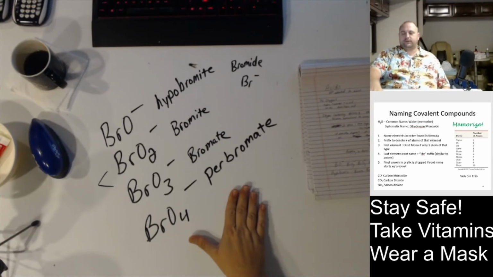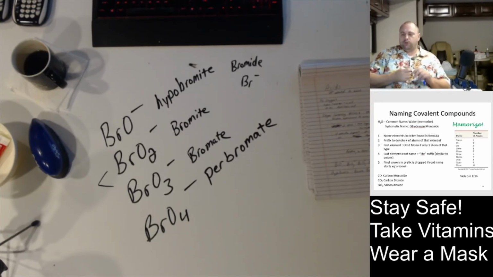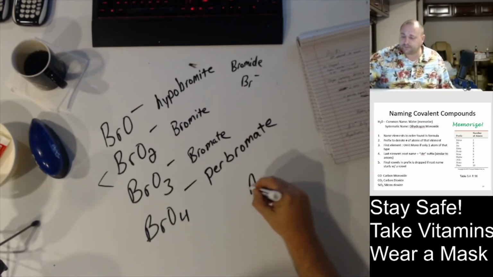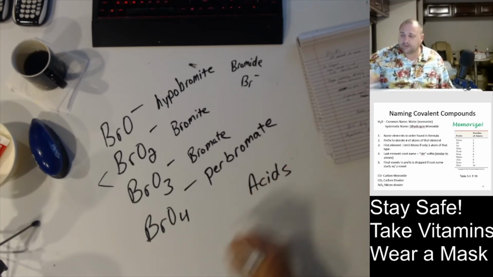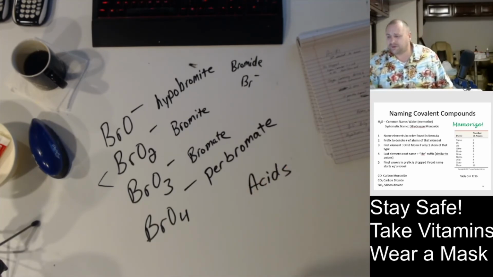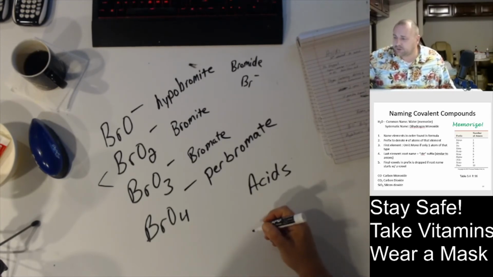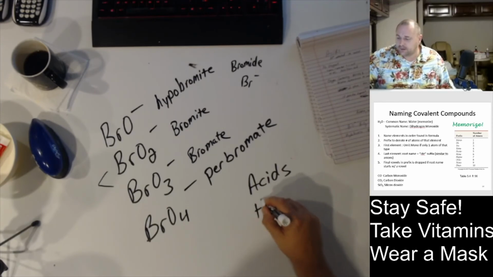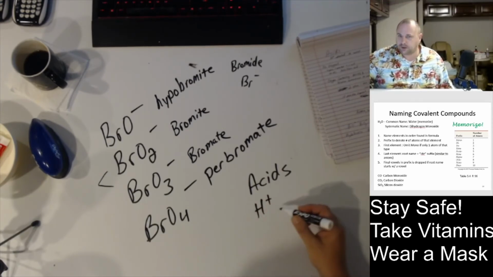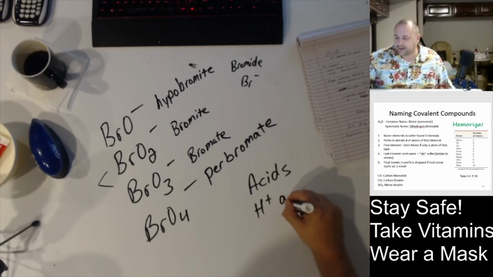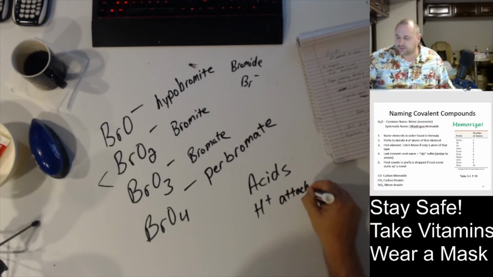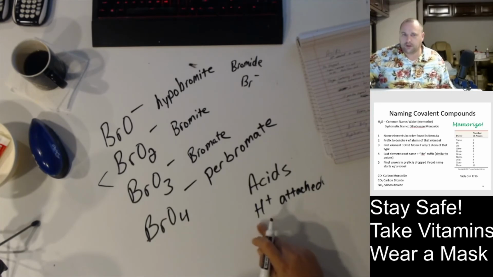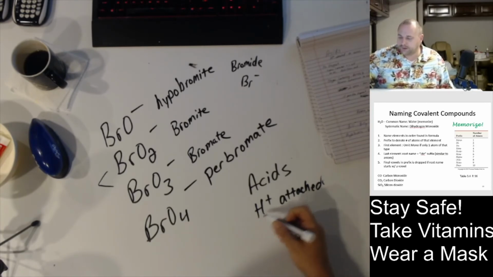But this system comes into play when we're naming acids. When I was a student, I always had trouble with naming acids. But you're just taking, so an acid has an H plus, which is a proton. We'll talk about that later when we go into more detail on acids.